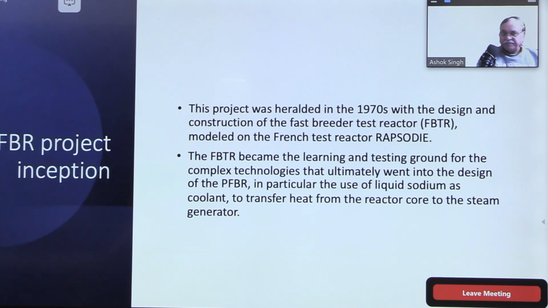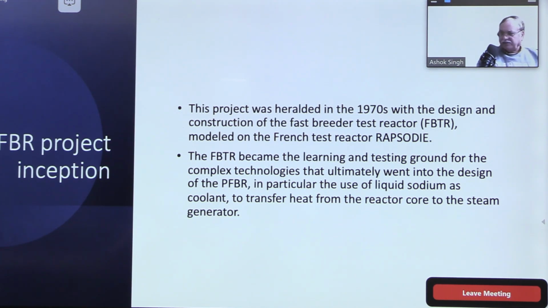Now, the fast breeder reactor project started in the 1970s, with the initial design and construction of the FBTR. And the model for this was the French reactor called Rhapsody.